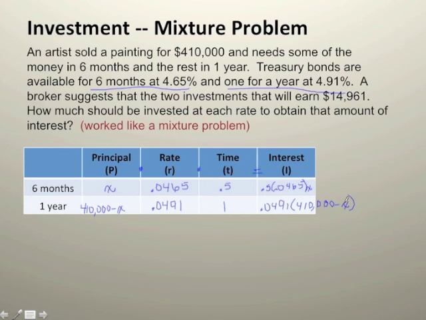That will then help us get our equation, because they've already told us that the interest combined is going to be $14,961.